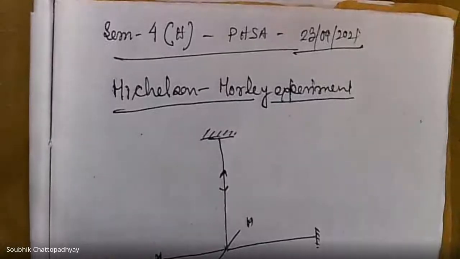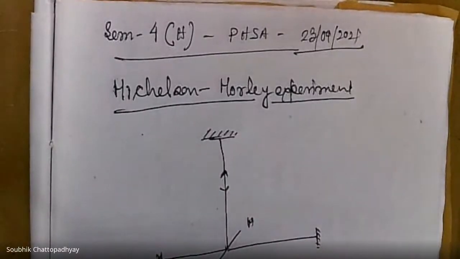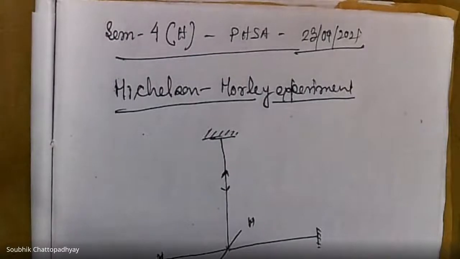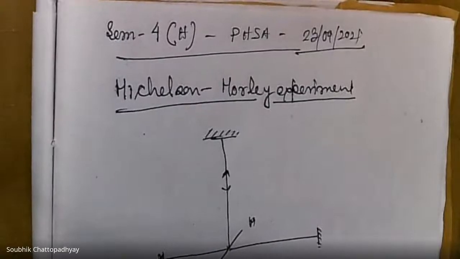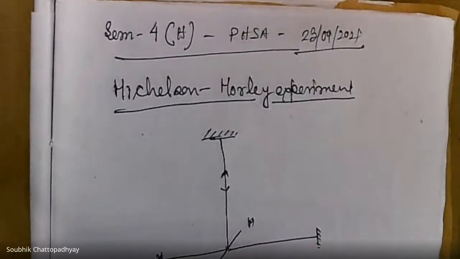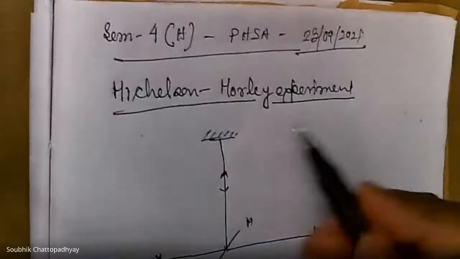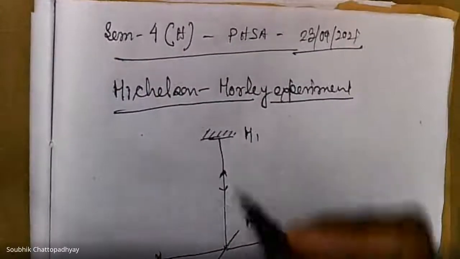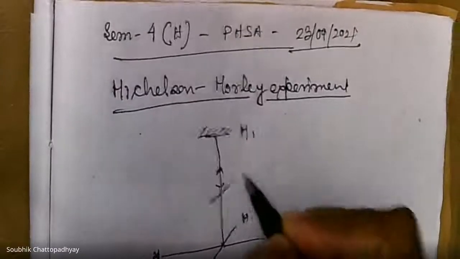This is another plate. This is M1, this is M2, and here we have another plate G.